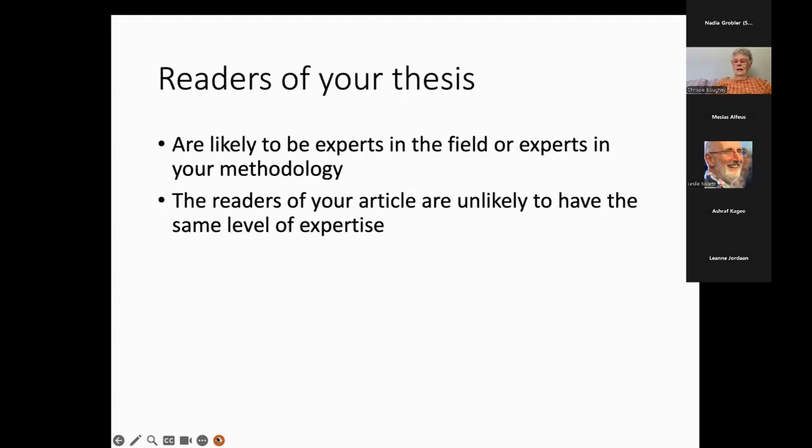The readers of your thesis, your examiners, and very few people will actually read your thesis. The other students might look for your thesis, they might find it through a literature search, but they'll then be postgraduate students with an interest in your topic. So the other people who will read your thesis, obviously, are your examiners.